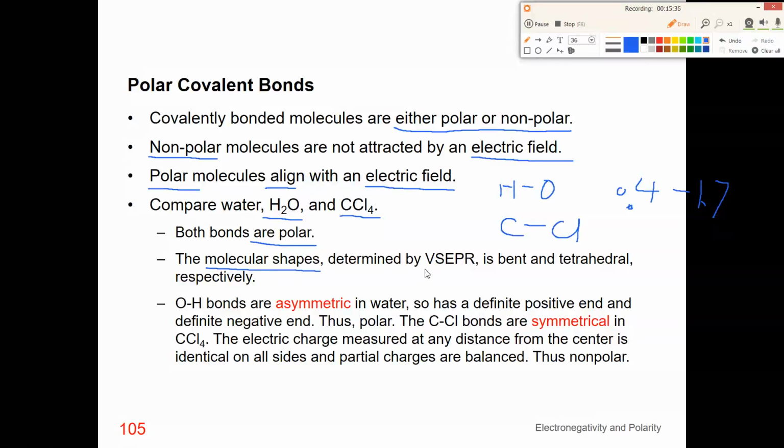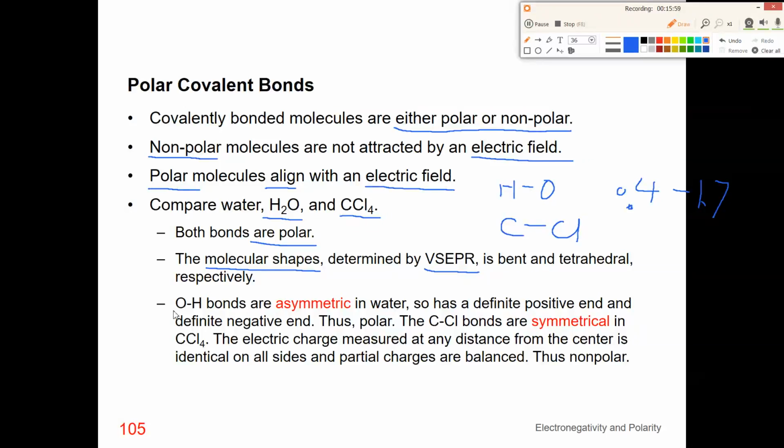We use VSEPR theory, which we learned in the previous section. We need to figure out which one, water or carbon tetrachloride, has an asymmetric or symmetrical geometry.